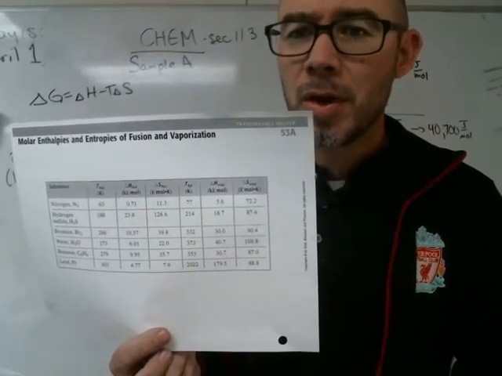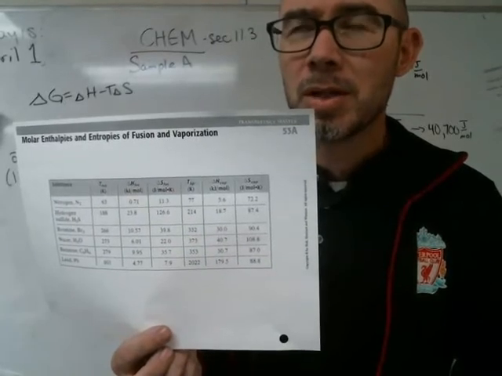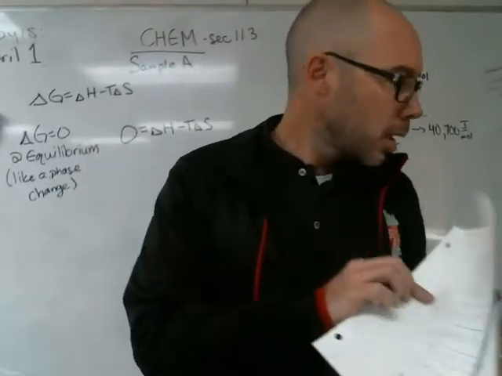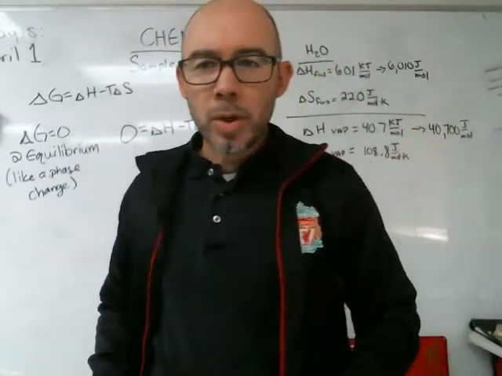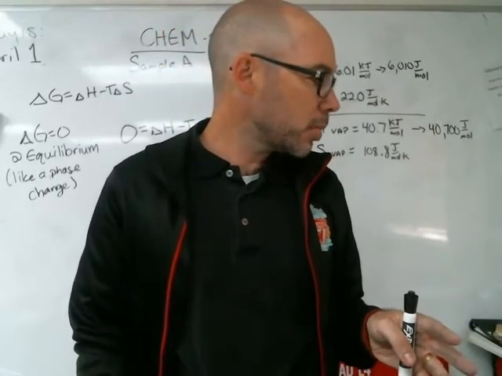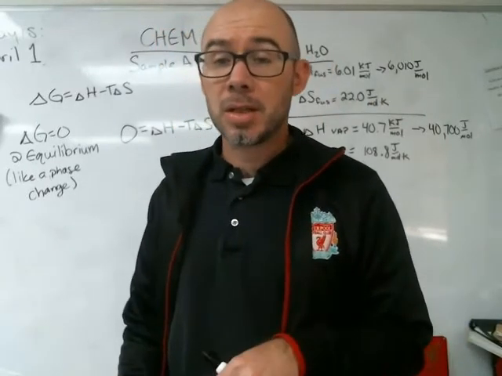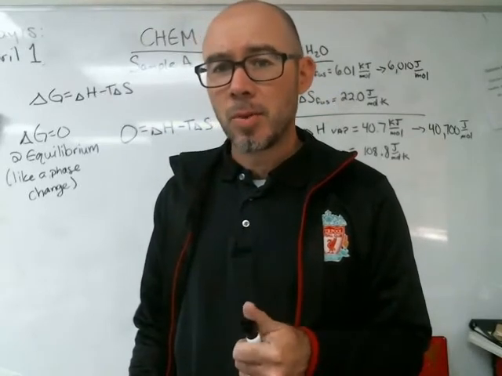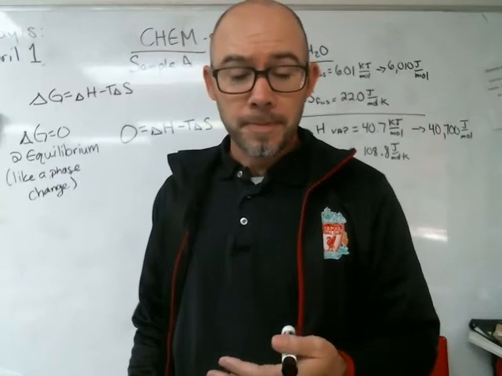If we're going fusion and vaporization, we're assuming we're going solid to liquid or liquid to gas. So we're in this section which is about how we're measuring the enthalpies and entropies when we go through phase changes. Okay? And we're saying that Gibbs energy actually applies in a way to these two.